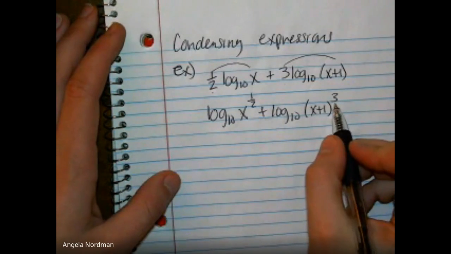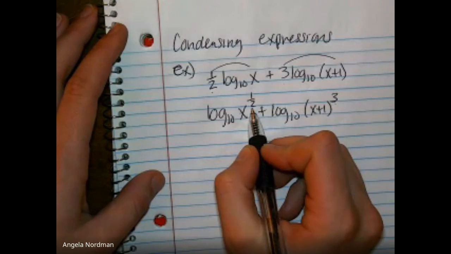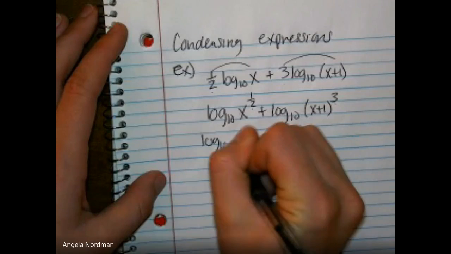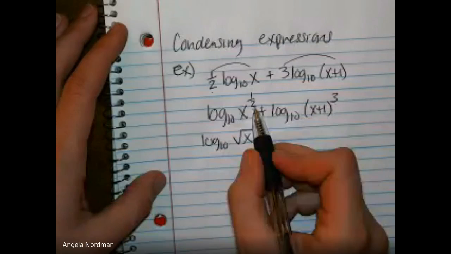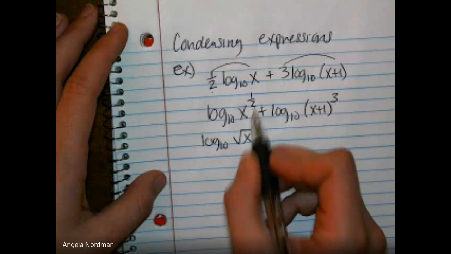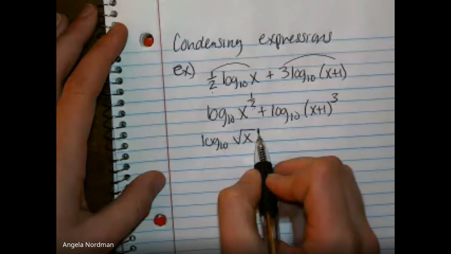This I cannot simplify at all. I can't do anything with that, but I know when I have rational exponents, what that means is they're actually a radical. So log base 10 of the square root of x to the first power. I know it's a square root because 2 is what's on the denominator of my exponent. 2 would technically be out in front here. 1 goes on my numerator, or my numerator 1 is my exponent to this.